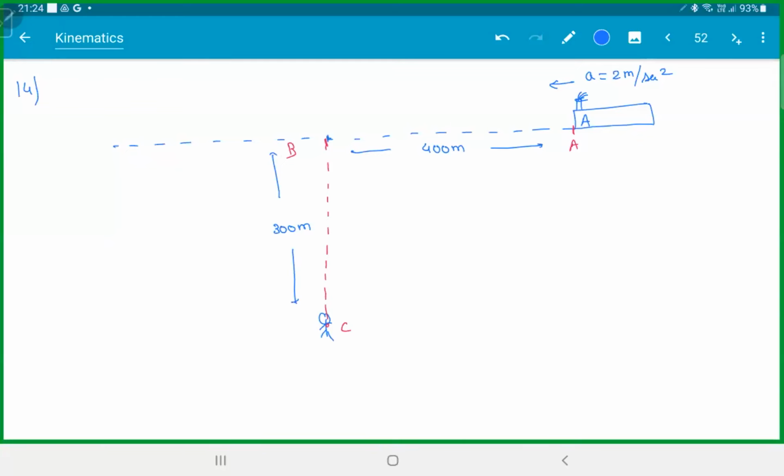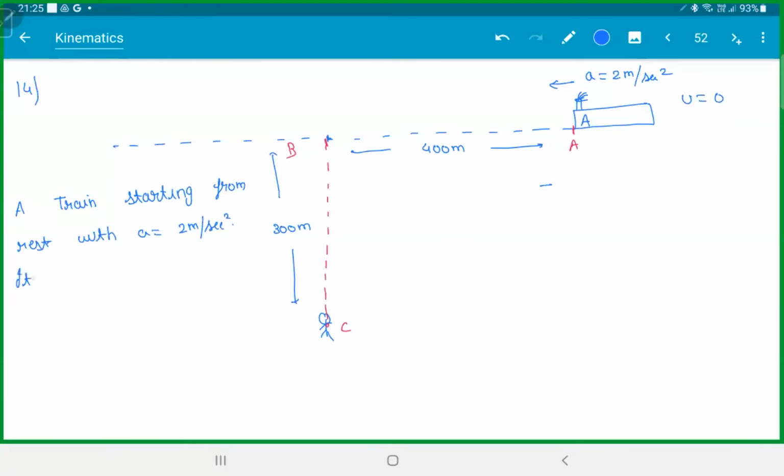Initially the train is starting from rest. A train starting from rest sounds a horn, it blows a siren, starting from rest with acceleration A is equal to 2 meters per second square.